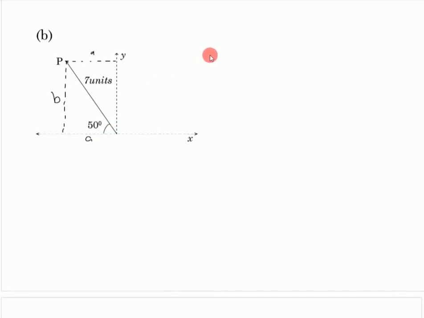If we use trigonometry, you see that the cos of 50 degrees is equal to adjacent, which is a, divided by hypotenuse, which is 7, such that a is equal to 7 cosine of 50 degrees, and this one gets us 4.5.